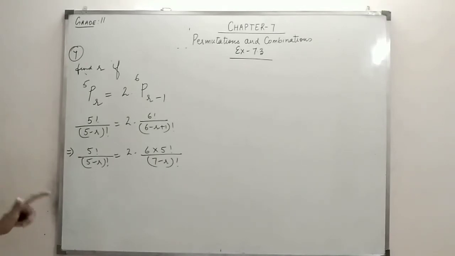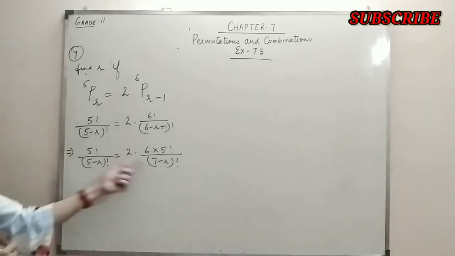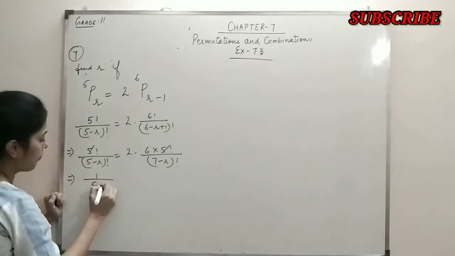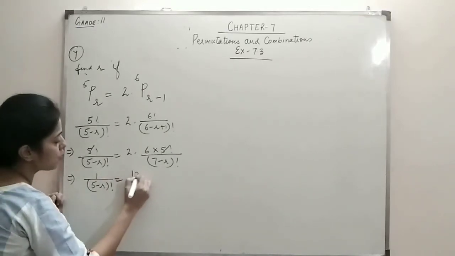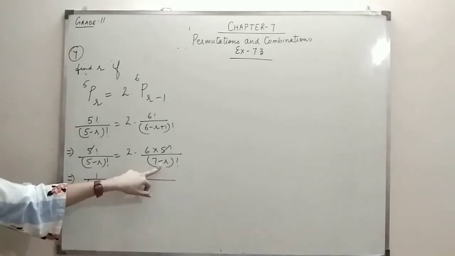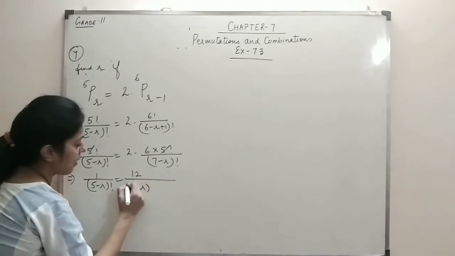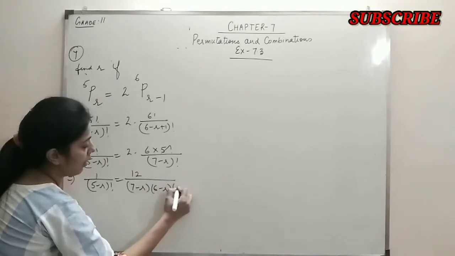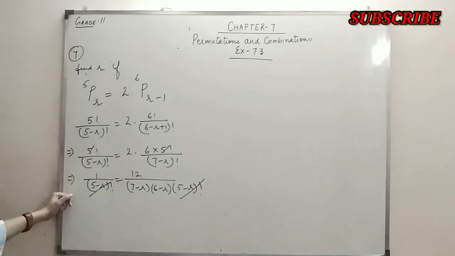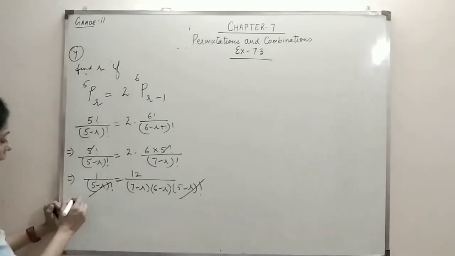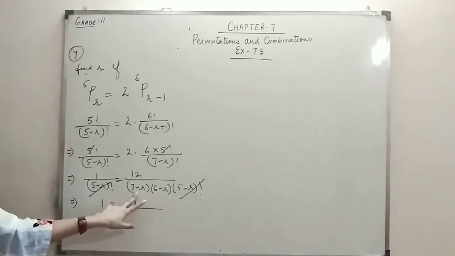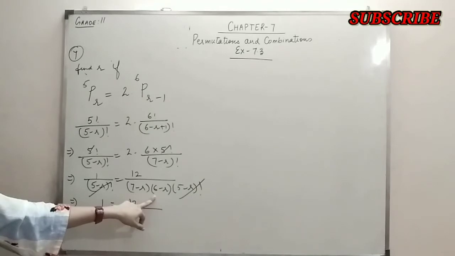So the 5 factorial we can cancel. We have 1 upon (5 minus r) factorial equals 12 upon (7 minus r) factorial. We can write it as (7 minus r)(6 minus r)(5 minus r) factorial. This again we can cancel. So we have 1 equals 12 upon (7 minus r) into (6 minus r).